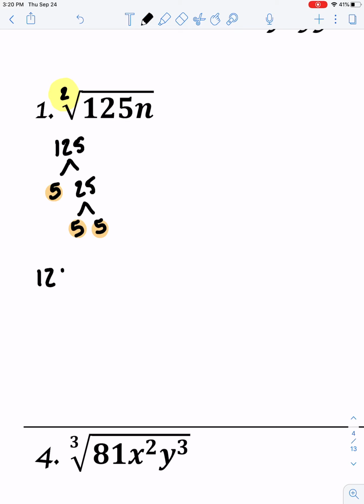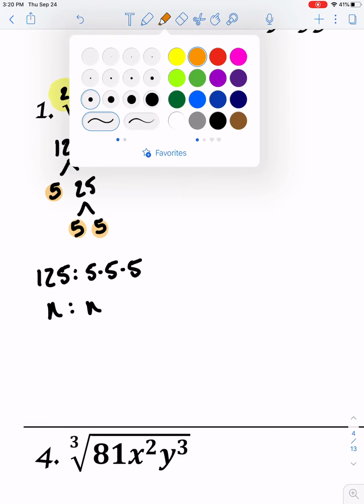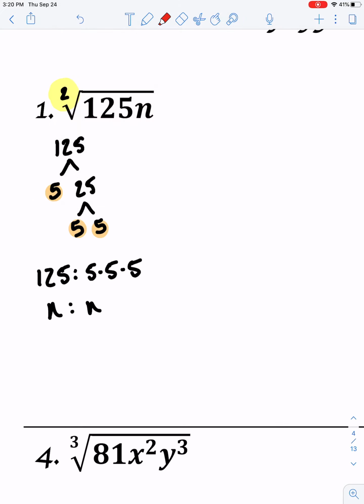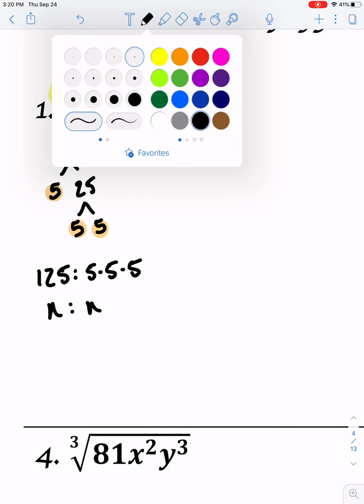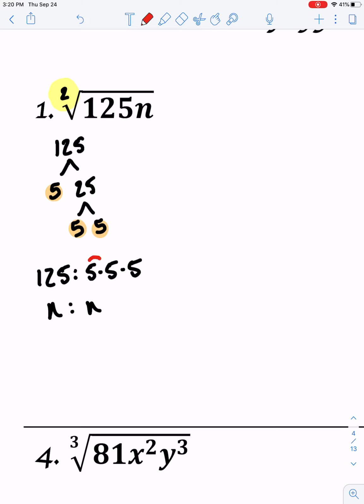So 125 is 5, 5, 5, and n is just n. From here, you would circle groups of 2s, both numbers and letters or variables.